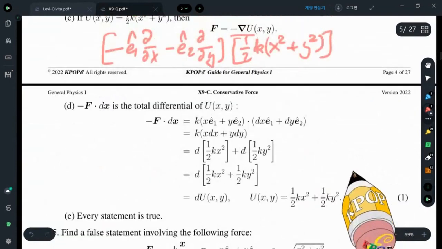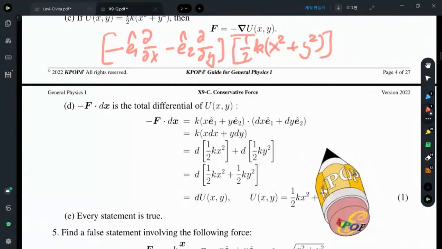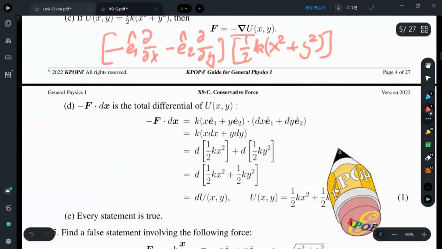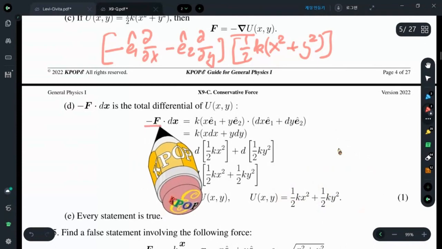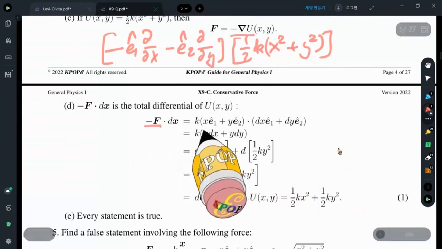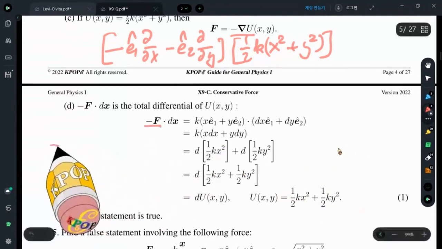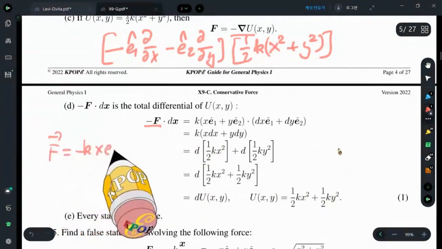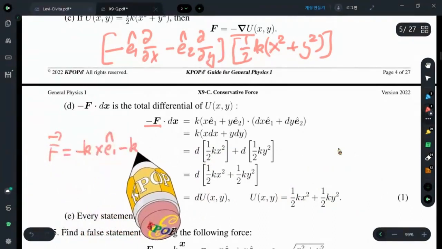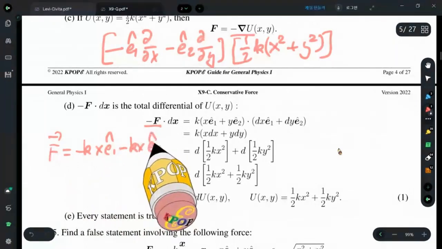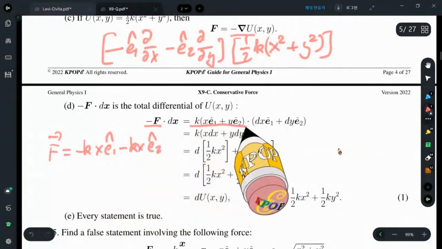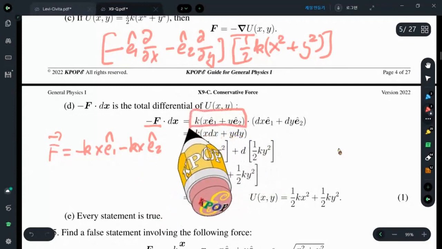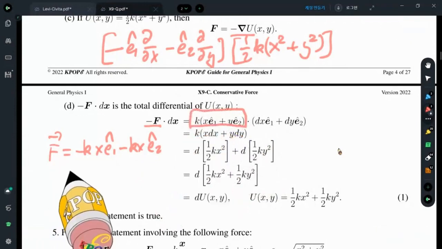And we can check our calculation by finding the total differential. Minus f dot dx can be computed as, because f equals minus kx e1 hat minus ky e2 hat, so I can write minus f to be like that.